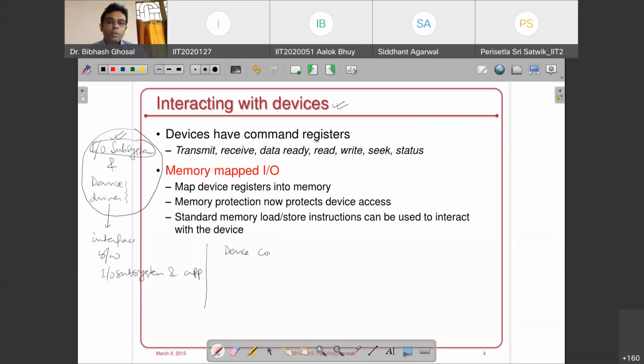One is called the device controller. The device controller is the piece of hardware that allows the device to talk to the CPU. Often you find this as a chip associated with the device, usually embedded within the device. This is called the device controller.